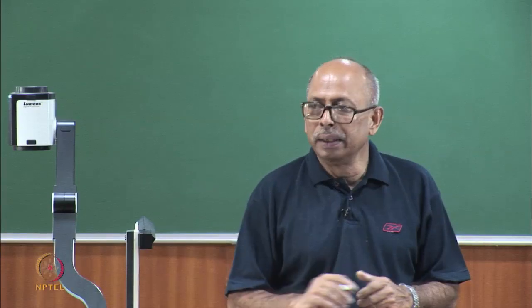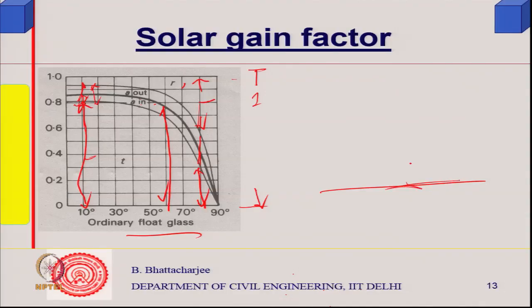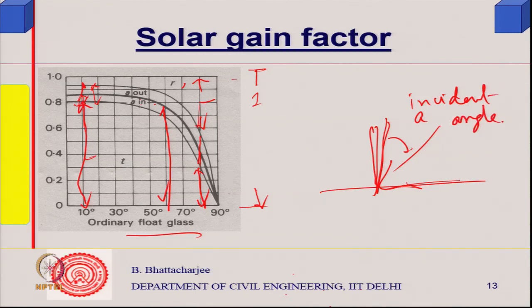Obviously, if it is coming parallel to the surface, nothing will be transmitted, everything will just pass by. That is why at 90 degree angle of incidence, because the angle the rays make with the normal to the surface is your incident angle. So, it depends upon incident angle as well.